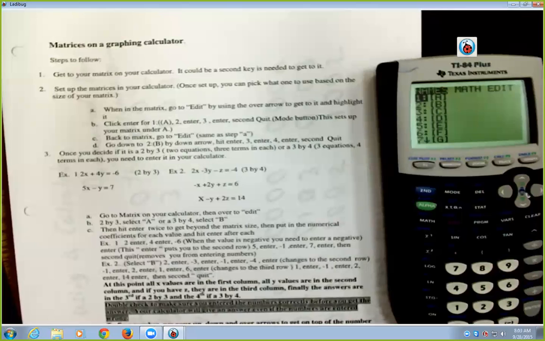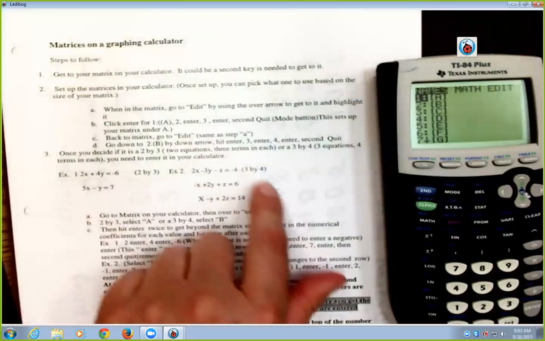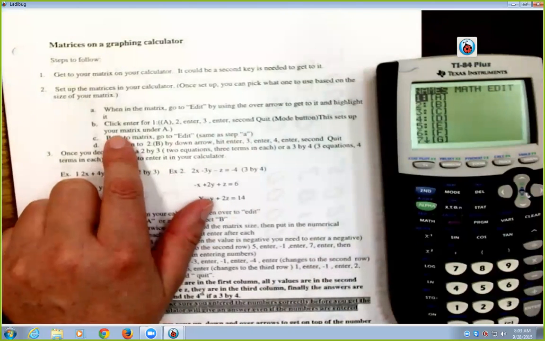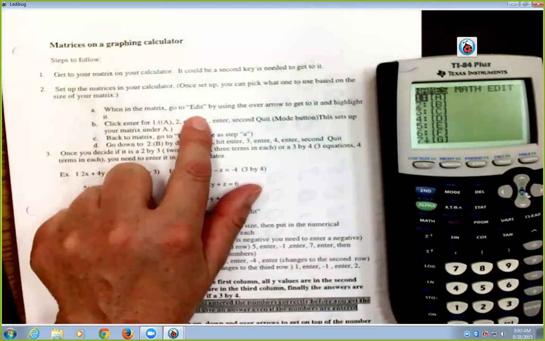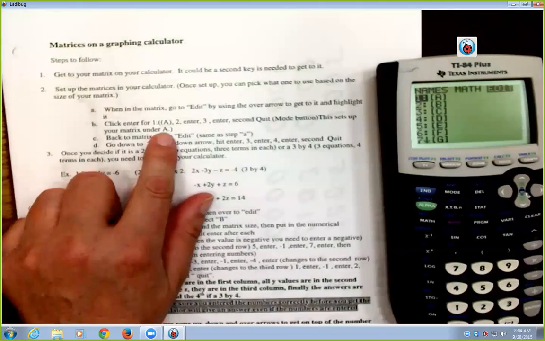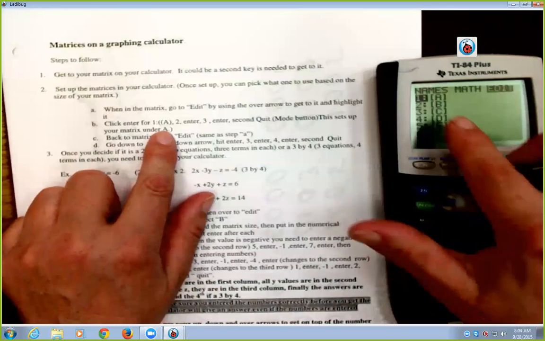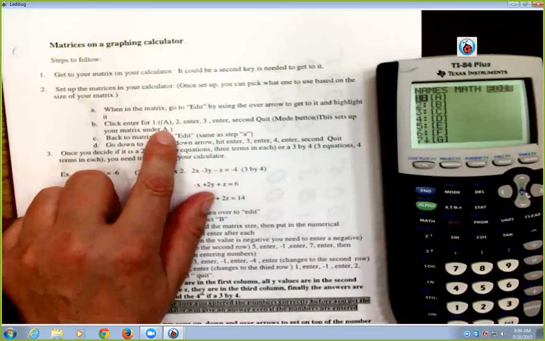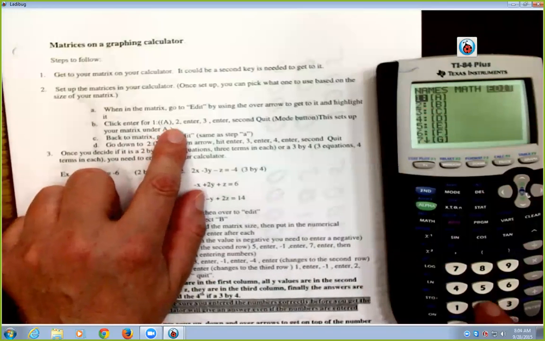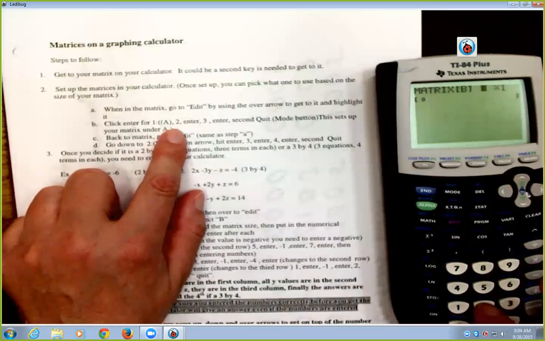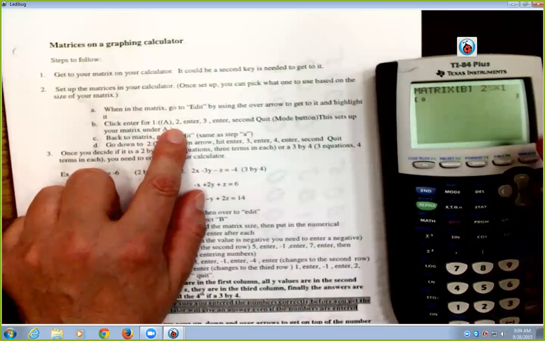So the first thing I want to do is get there, and within the matrix, go over to edit. So I'm going to hit my over arrow key, and then go to edit. Everybody there? Edit. And first I'm going to go to A, which is highlighted right now. And I'm going to enter a 2 by, and it's going to have X's in there.